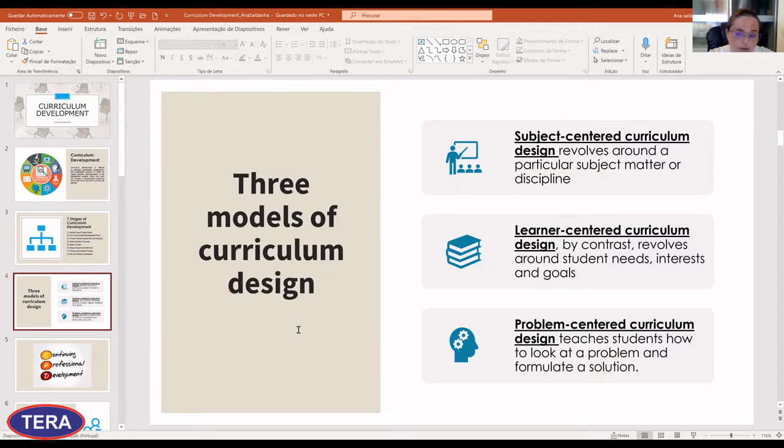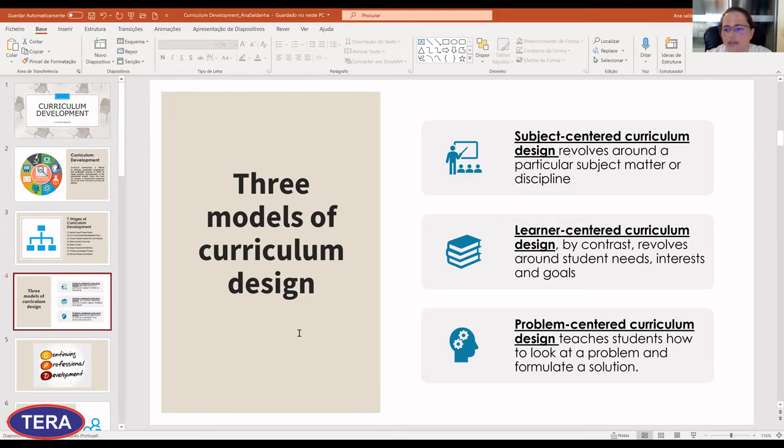Okay. Now, there are 3 models of curriculum design. Okay, we talked about stages of the curriculum development process, and now we are going to talk about 3 models of curriculum design. So the first one is the subject-centered curriculum design, which, as the name itself says, revolves around a particular subject.